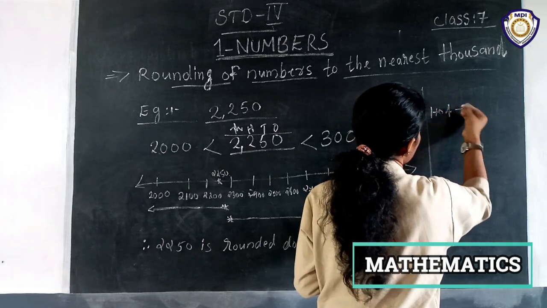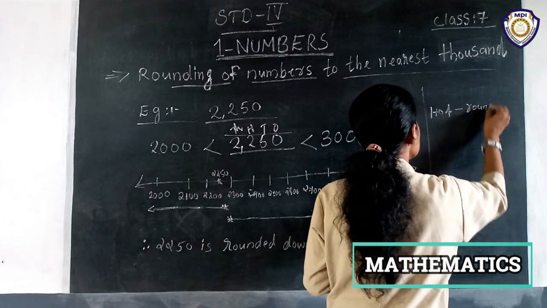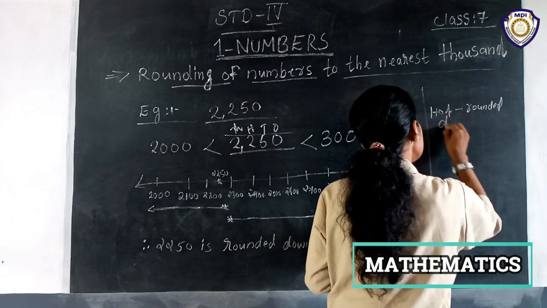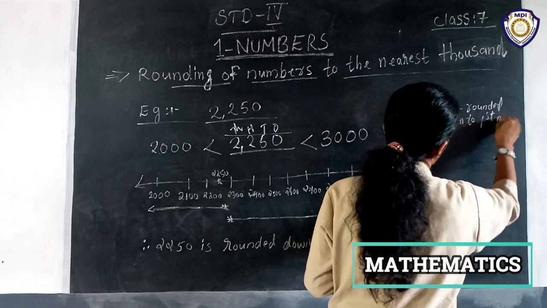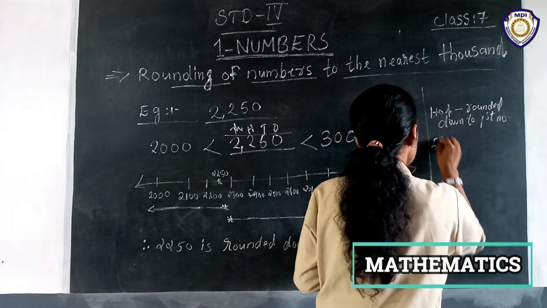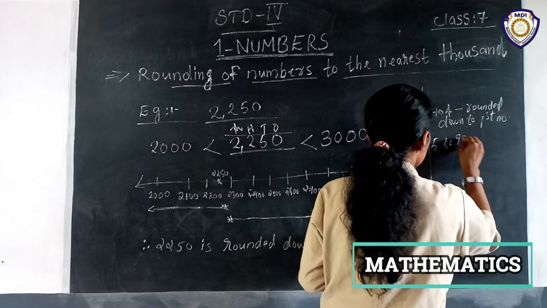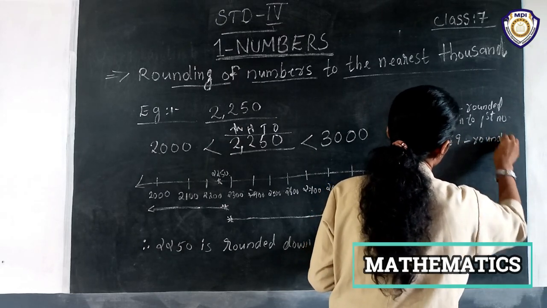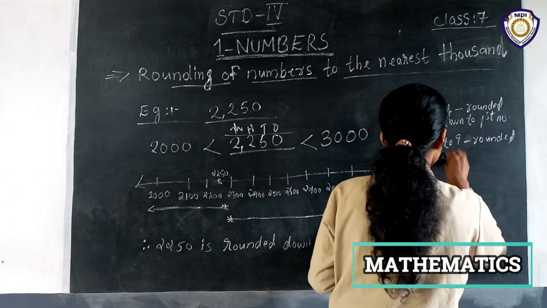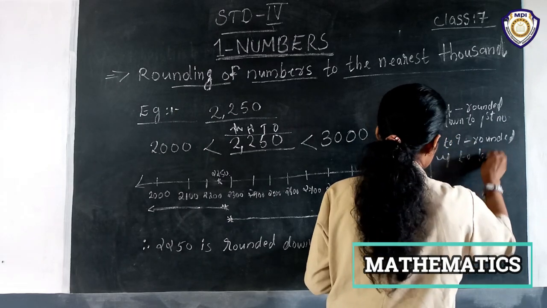1 to 4 numbers are rounded down to the first number. 5 to 9 numbers are rounded up to the last number.